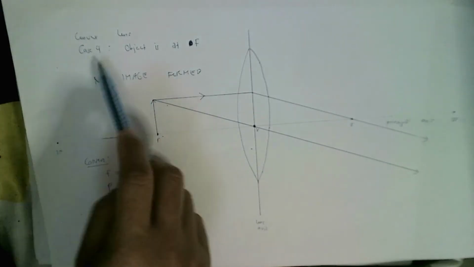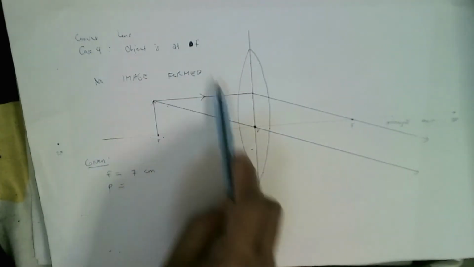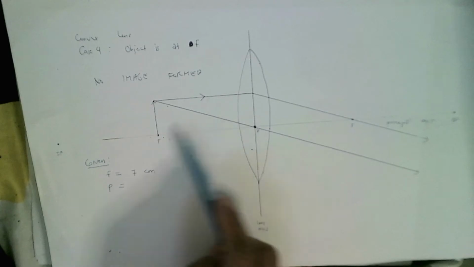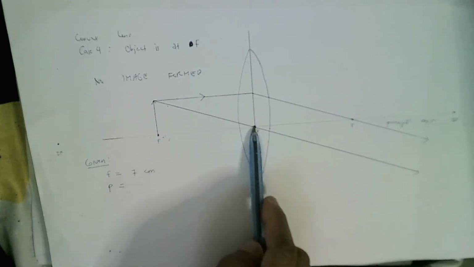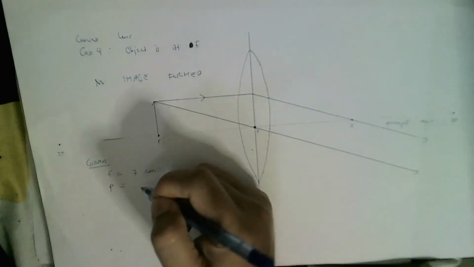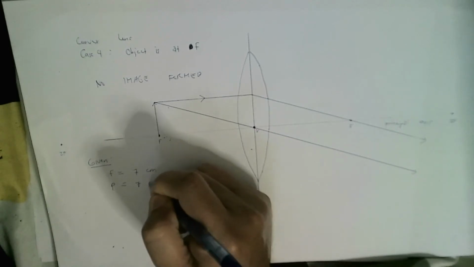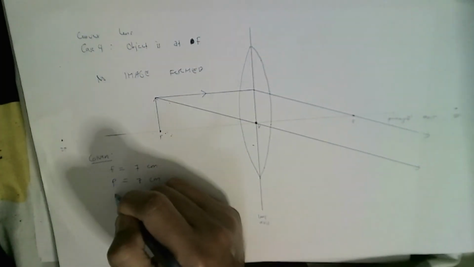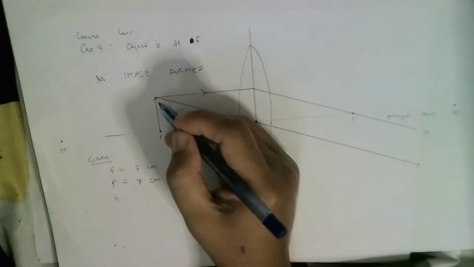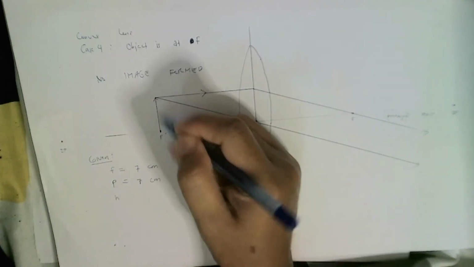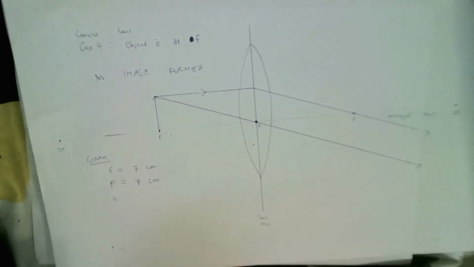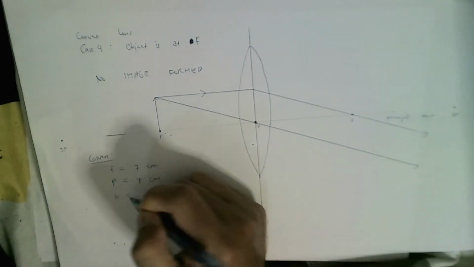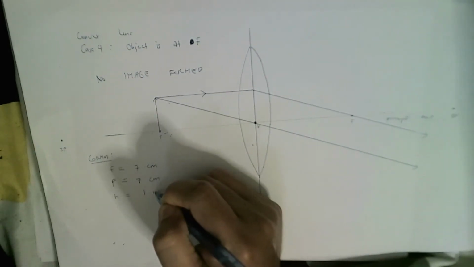If you notice, since your object is at F, then therefore the distance of it from the vertex should be the same as the focal length. So it should also be 7 centimeters. And then you can also know the height of the object because we set that. If you remember, we set that to be 1 inch.